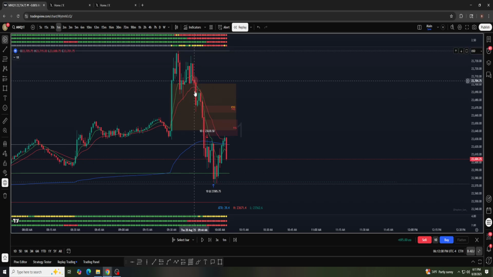We get a high, low, high, low, high, low into a 50% area that I view as support and a potential reversal. When this high gets broken right here, I don't want to be a part of any more shorts. Break of structure, structure shift, whatever you want to call this, change in state of delivery, whatever term you want to use.